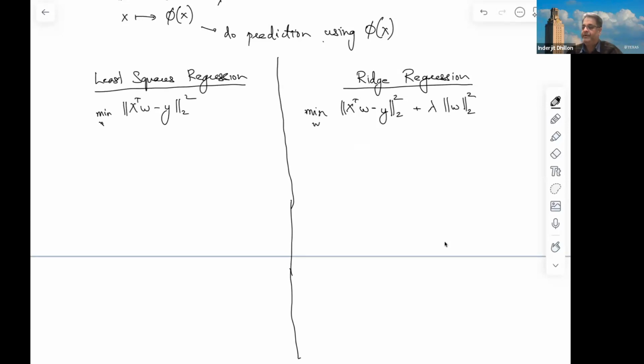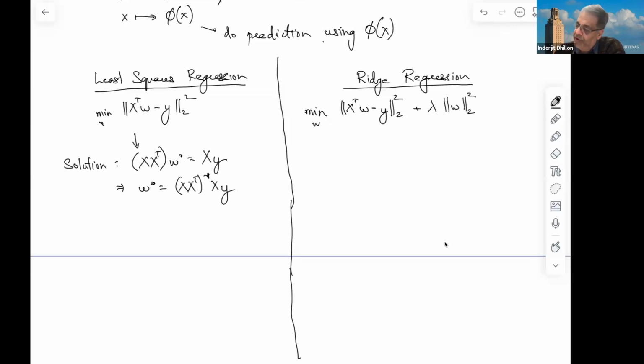And remember that in this case, the solution was the normal equations. You can take the gradients or you can do the geometric analysis, which gives X X transpose W star is equal to X y. So W star, the coefficients, is equal to X X transpose inverse times X y.